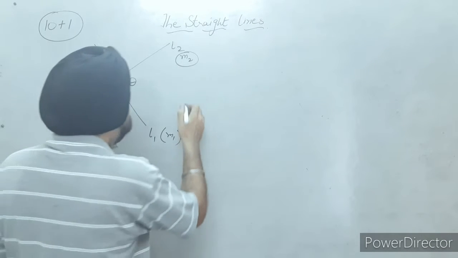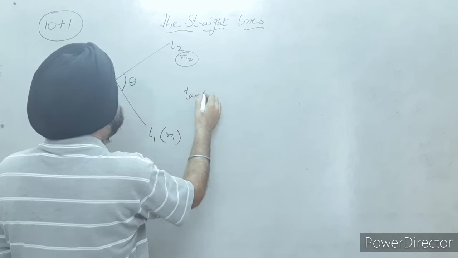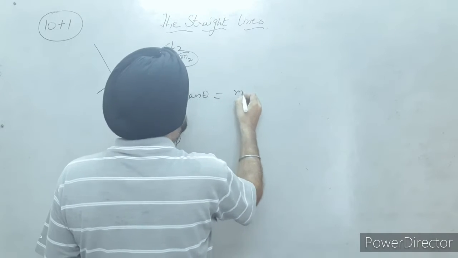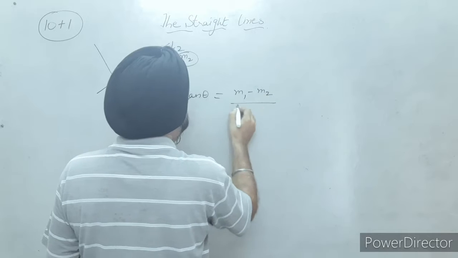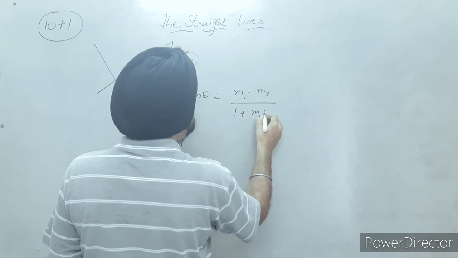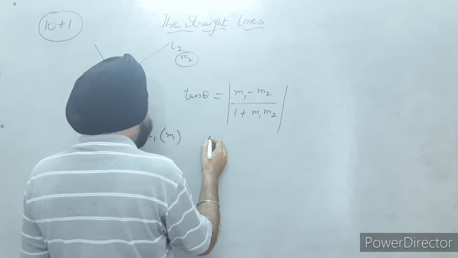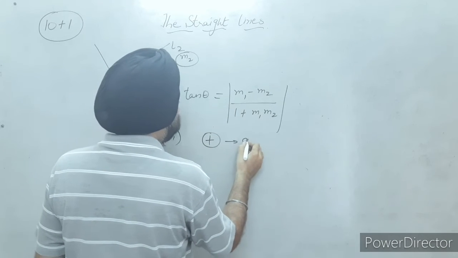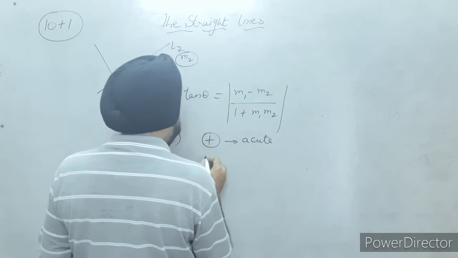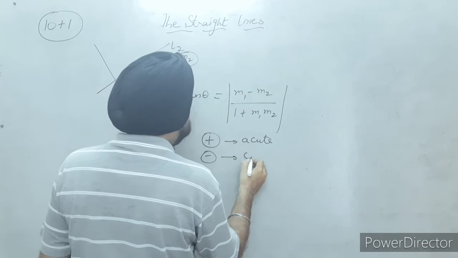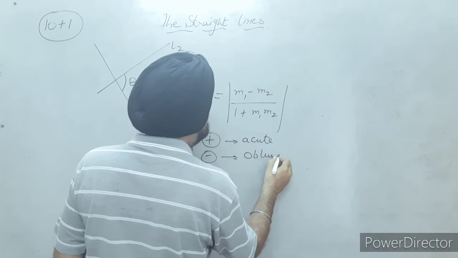Now I will apply the formula. Tan theta is m1 minus m2 upon 1 plus m1 m2, in a mod. Now it will be a plus sign if the angle is acute. It will have a negative sign if the angle is obtuse.